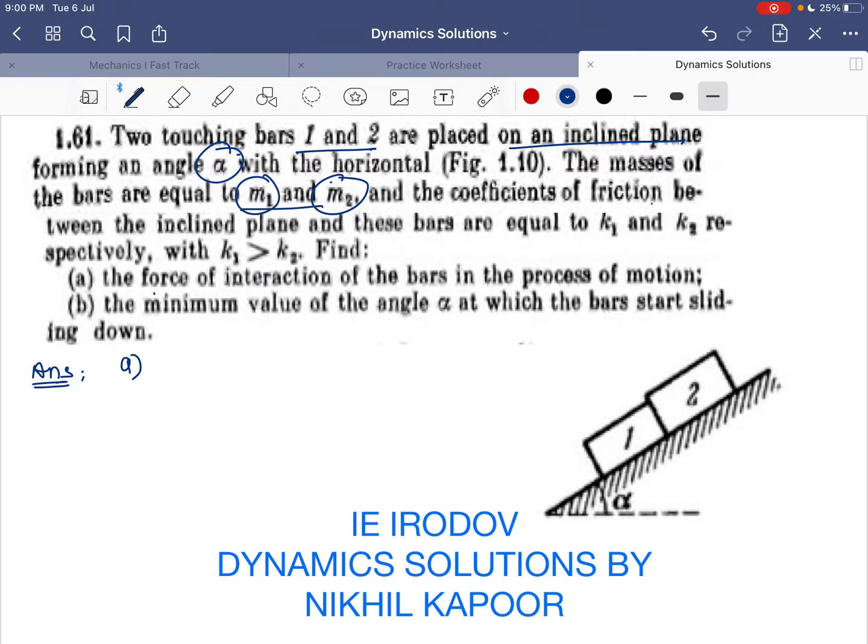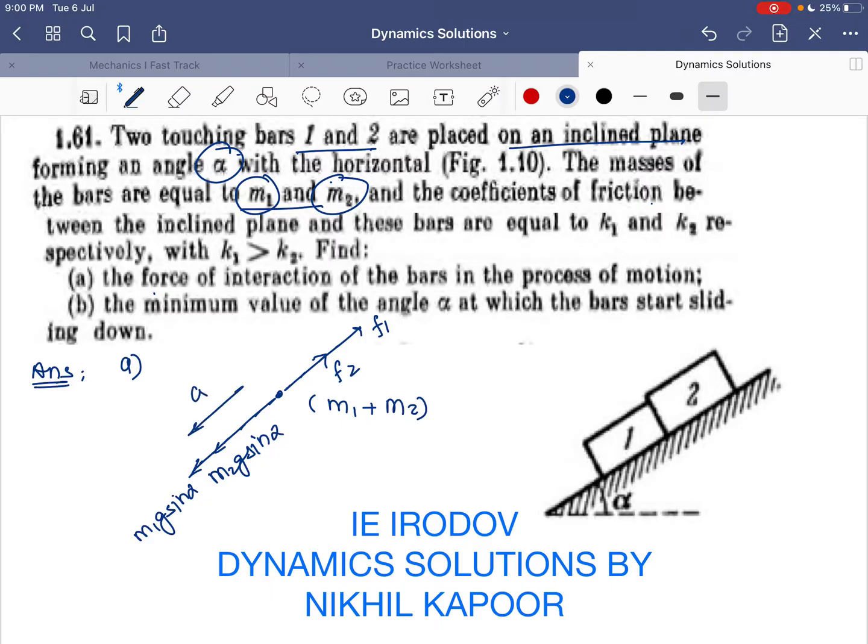So in that case, I will consider both blocks, that is m1 plus m2, as a combined system. The external forces acting on the system will be the components of their weight, that is m1g sine alpha and m2g sine alpha, and the frictional force on body 1 and the frictional force on body 2.